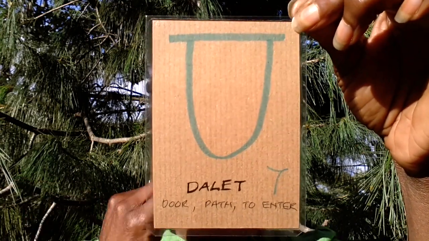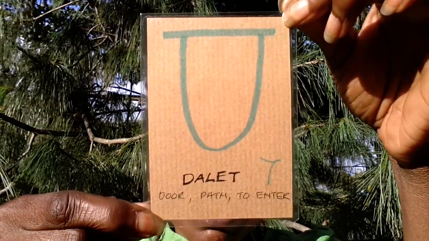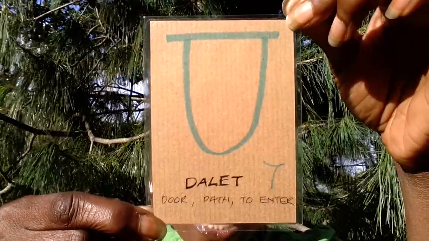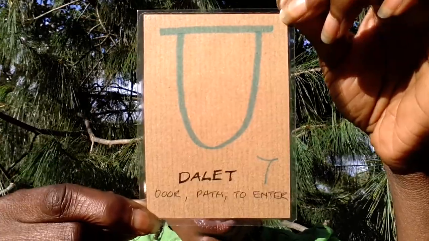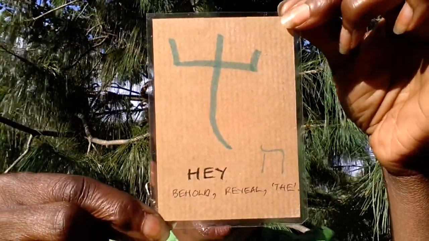Like when they were travelling in the wilderness, you know, the tent door. So dalet, equivalent to our D really, is door, path, to or enter. And then hey is behold, reveal, or the.